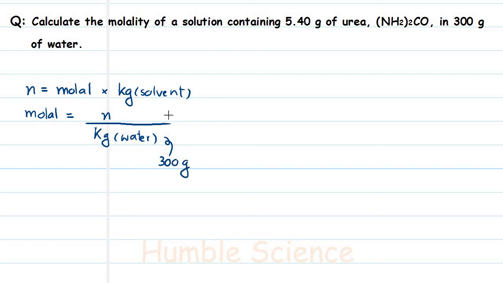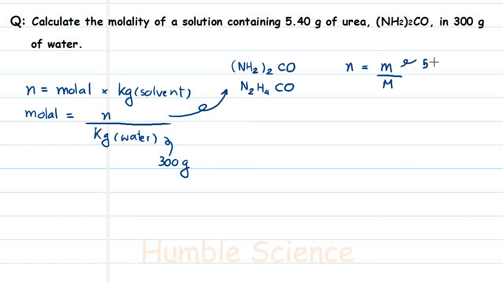And for mole, we can calculate it. It is for urea, which is N2H4CO. Definitely easier to look at. And now we also know that n, which is mole, is going to be equal to mass divided by molar mass. For mass, it is 5.4 grams.